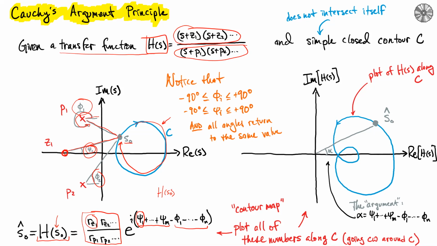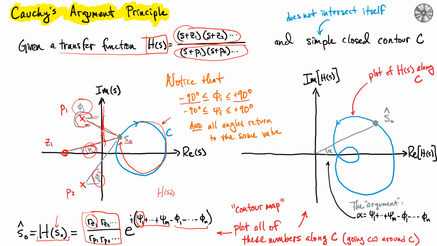In addition, notice that if all of these poles and zeros are located in the left half plane, the biggest value you could possibly have is 90, and the smallest possible value is minus 90. That would be if this contour C was very close to the imaginary axis and you had a pole or a zero directly on the imaginary axis. Then you'd have an angle very close to 90, or if it extended below, an angle very close to minus 90.